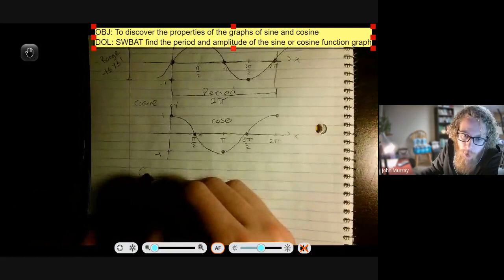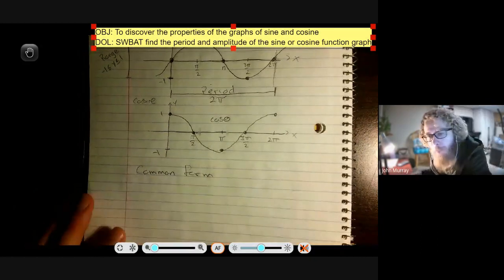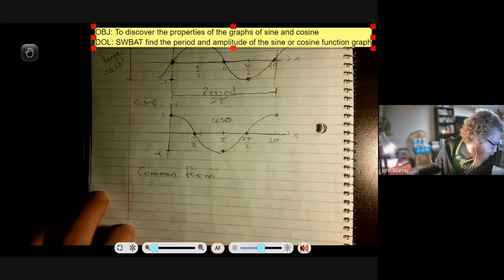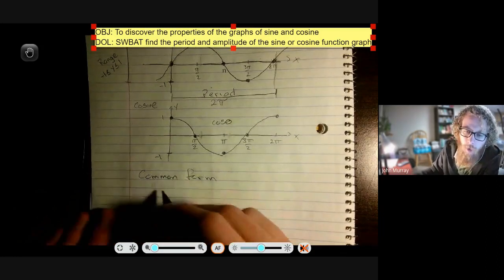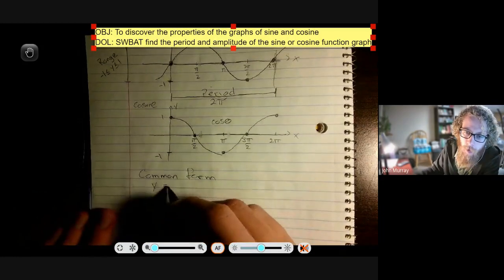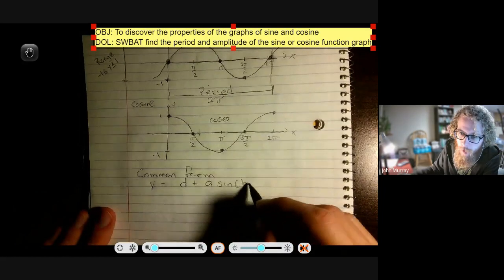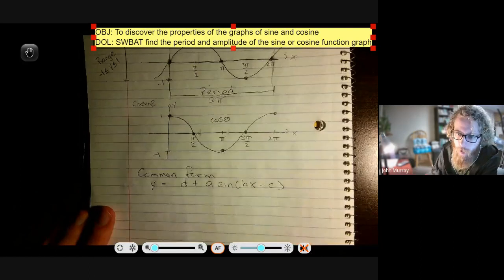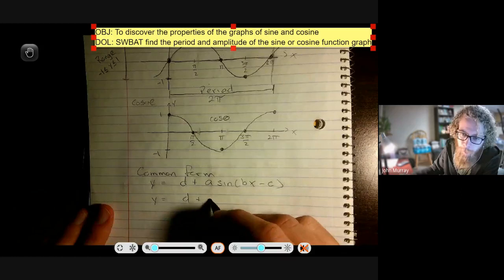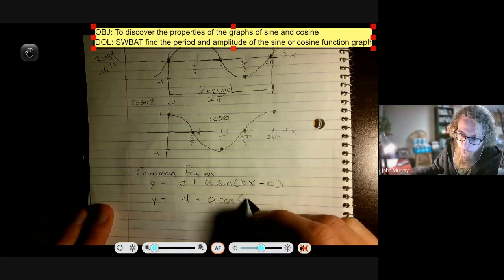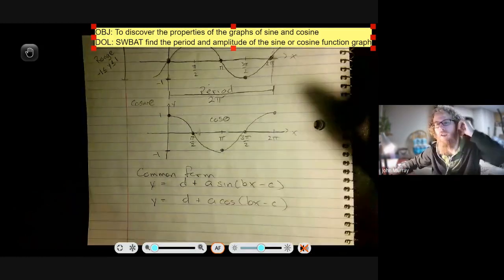So first we have what's called the common form. They're both essentially the same. And for now, I'm going to use x instead of theta. All right, so we have 4 parts here, and they are the same for both sine and cosine.